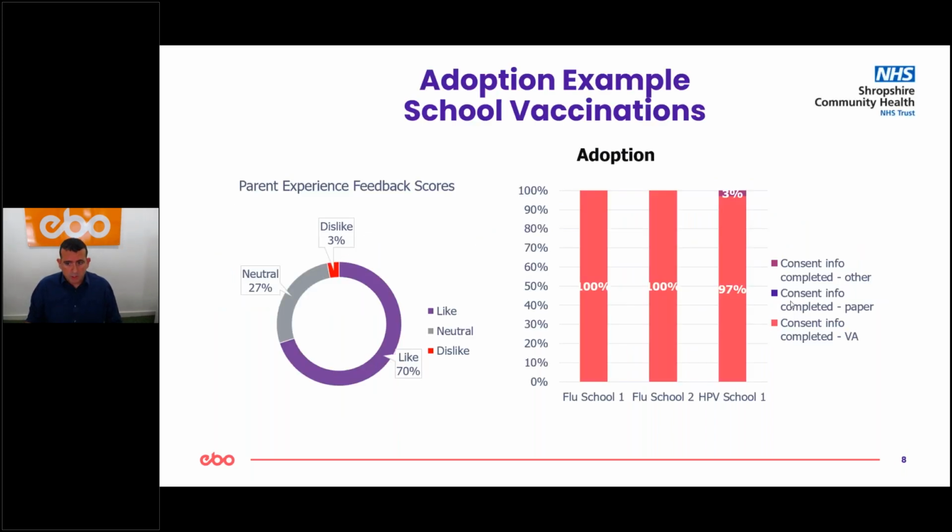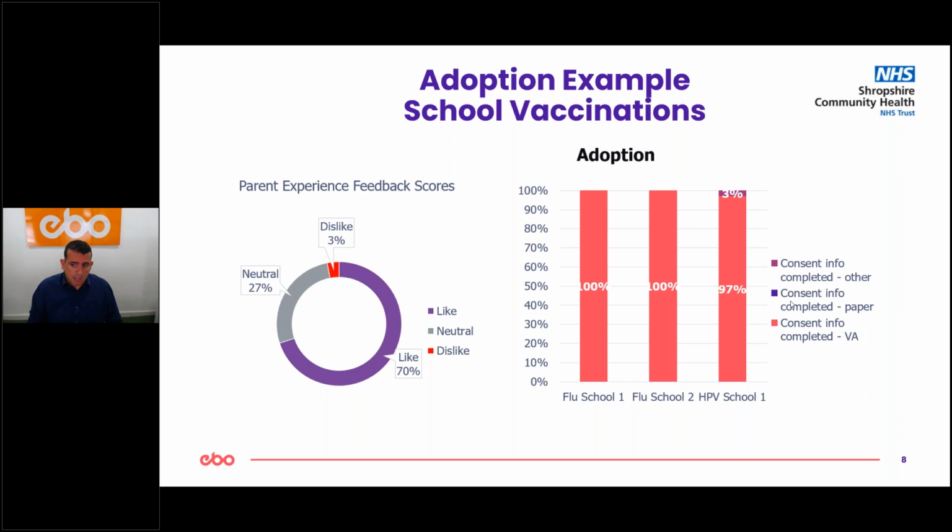Just a couple of screens on some idea of what the adoption and the usage is like, and the reaction to using virtual agents. This one is showing school vaccinations. These are results that came out of Shropshire. As part of the program, the trust also provided the option to still use paper.